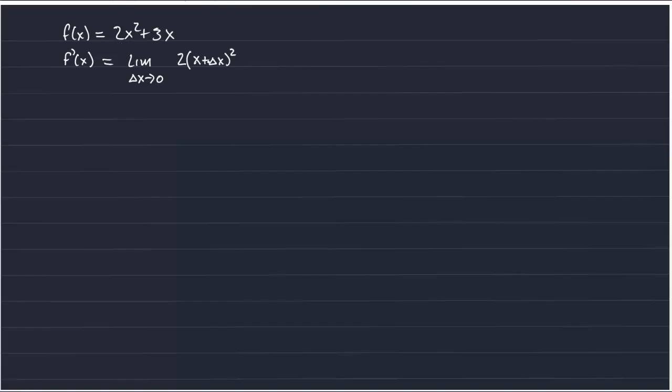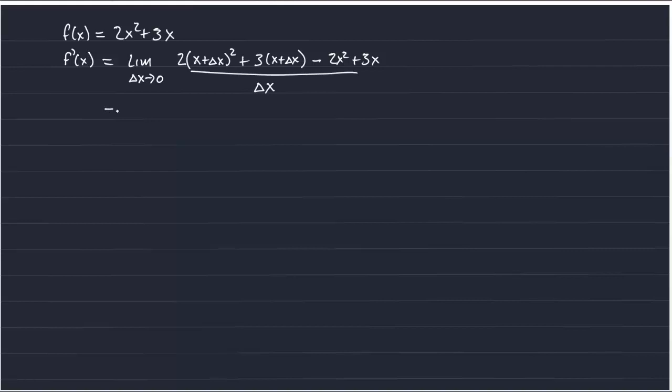So we're evaluating the function at x plus delta x, plus 3 times x plus delta x, and we have to subtract the function evaluated at point x, divided by delta x.